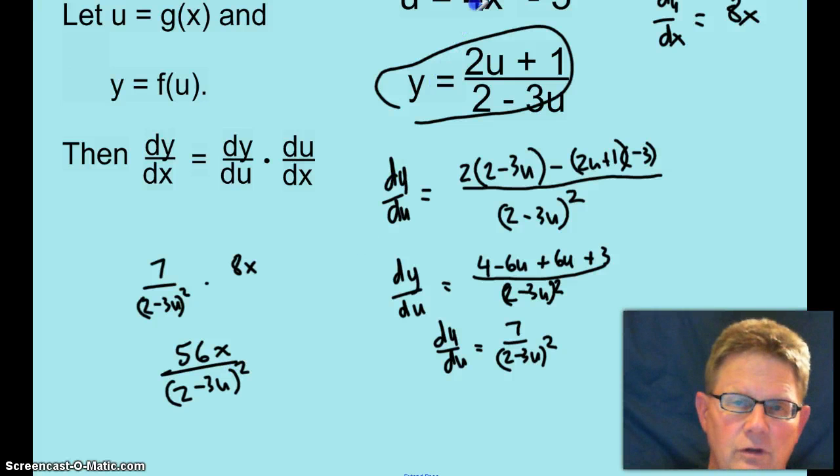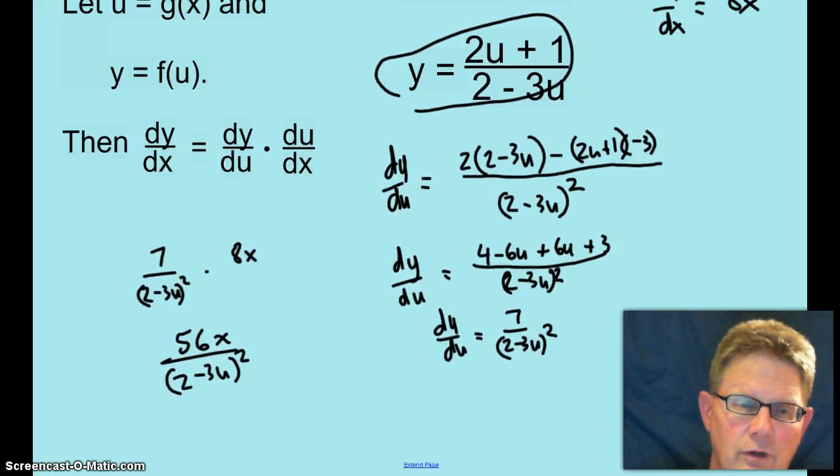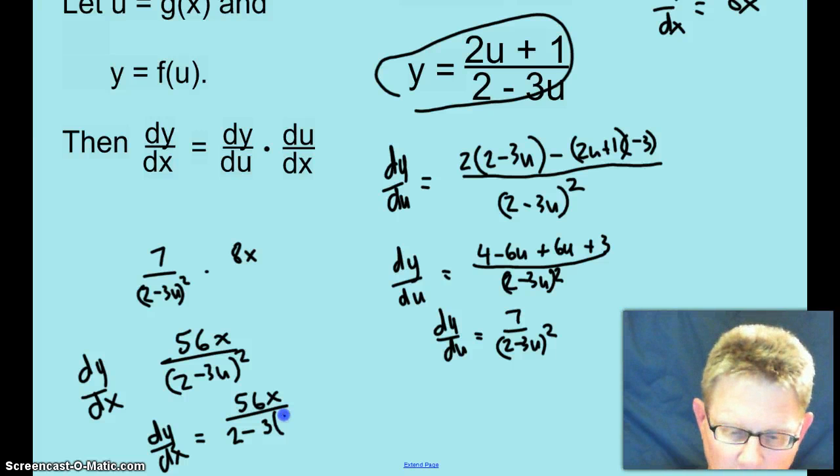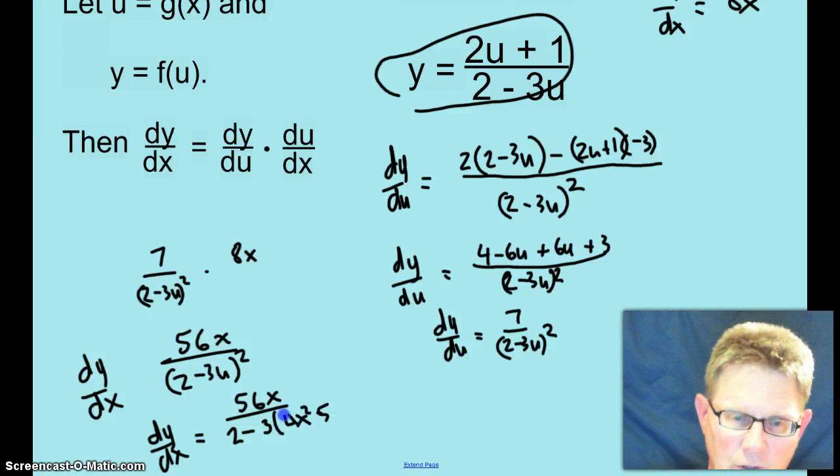And now we're going to just substitute u back in. u again was 4x squared minus 5. So dy/dx equals 56x over 2 minus 3 times, what is that again? 4x squared minus 5. That whole thing raised to the second power.